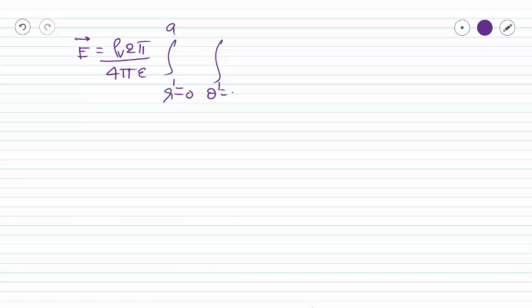So E bar is equal to rho v 2 pi, I will keep this 2 pi as it is, by 4 pi epsilon, r dash equal to 0 to a, and as I am going to replace, first let me write theta dash equal to 0 to pi. So what I am having is cos alpha by r square, r dash square, sin theta dash, dr dash, d theta dash.